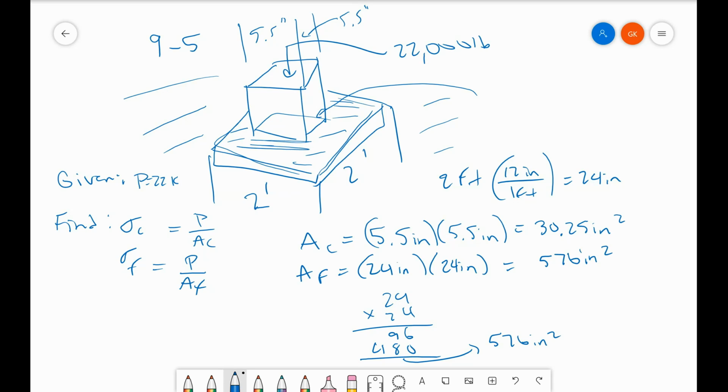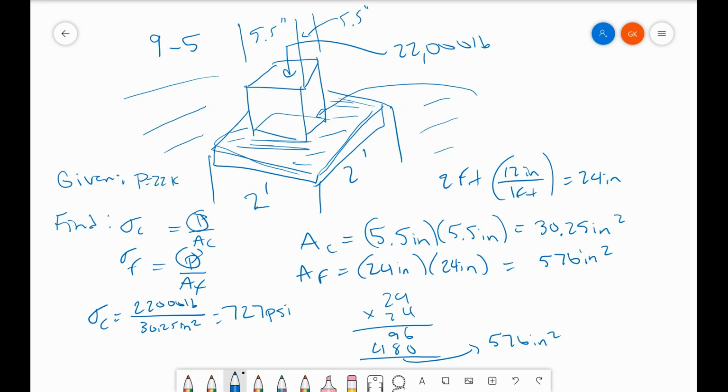Okay, now with that, we keep on going. So we have 576 inches squared for the footer, 30.25 inches squared for the column. And now what's the load? Is there a different load for either one? There is not. The force that's acting on the top goes all the way through to the bottom. So in that case, we have enough to solve. So the bearing stress due to the column would be equal to 22,000 pounds over 30.25 inches squared, which is going to come out to 727 psi.